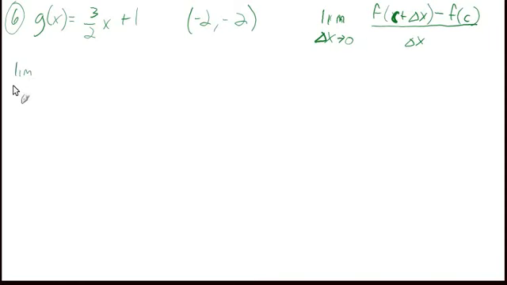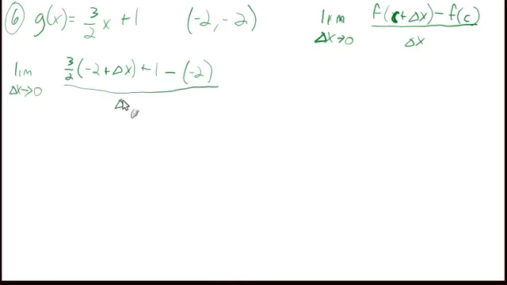So we want the limit as delta x approaches 0 of f of c plus delta x, -2 plus delta x, 3/2 times (-2 plus delta x) plus 1. That's that first part, f of c plus delta x, minus f of c, and of course that would be if we put -2 into the function, which they already tell us would be -2, over delta x.